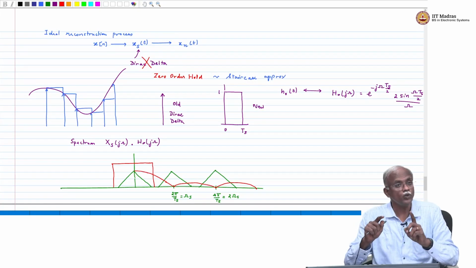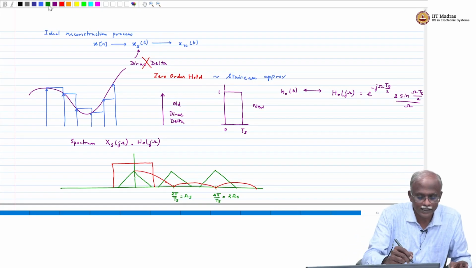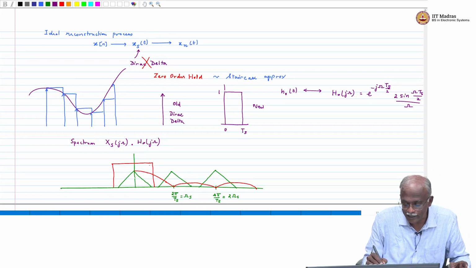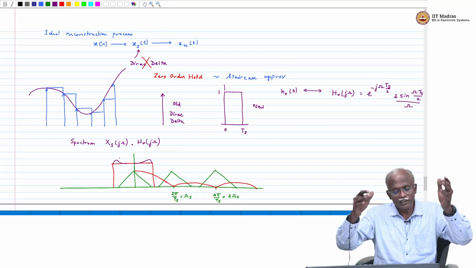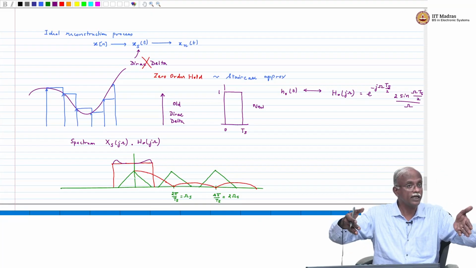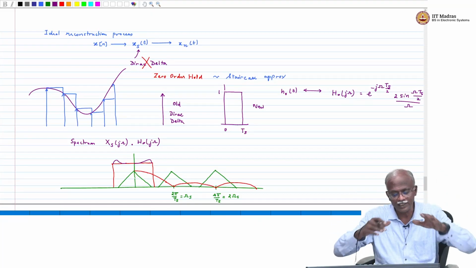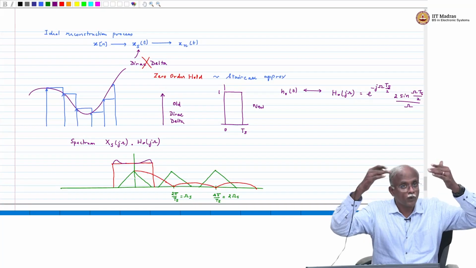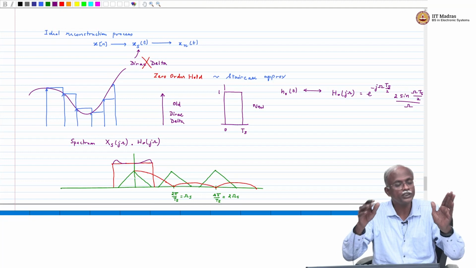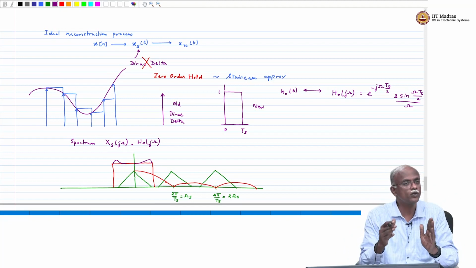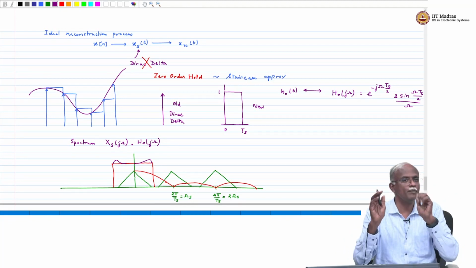So, what we now do is we now have to modify the reconstruction filter to compensate for the 0th order hold. We don't take the original reconstruction filter. We do a compensated reconstruction filter so that the distortion that is introduced by the 0th order hold is eliminated.